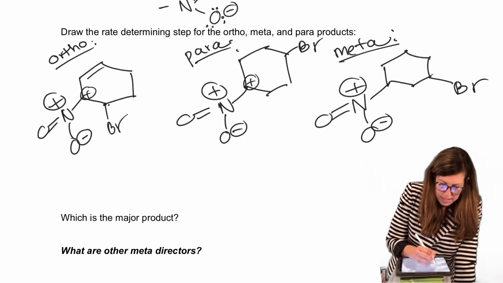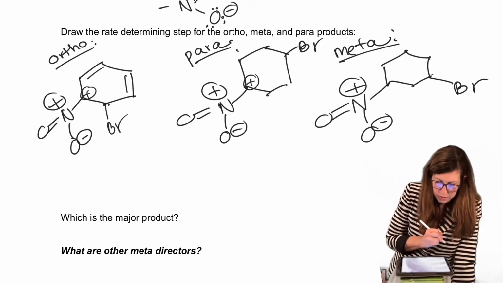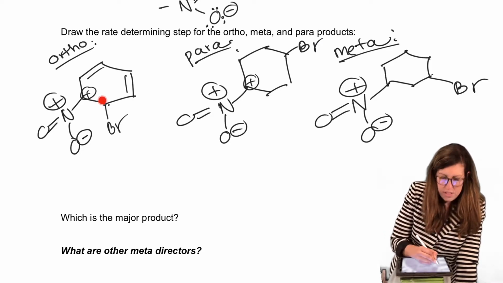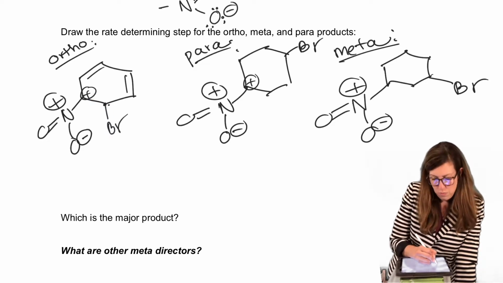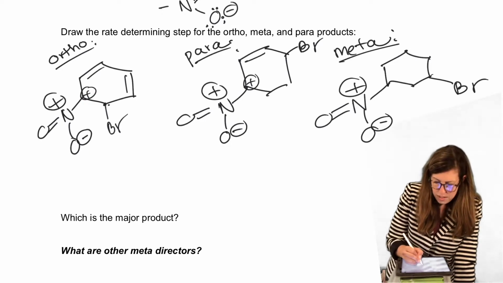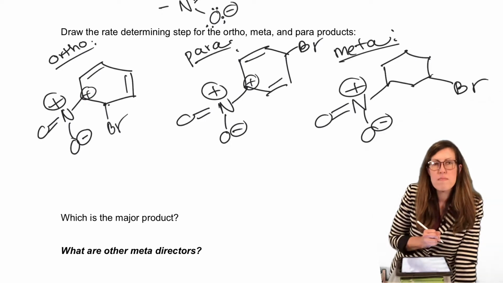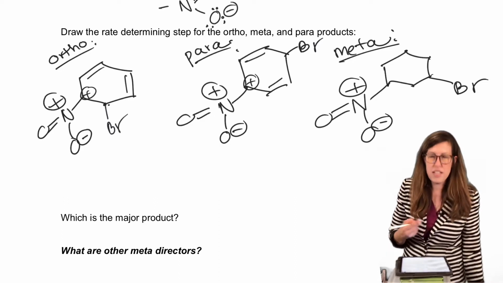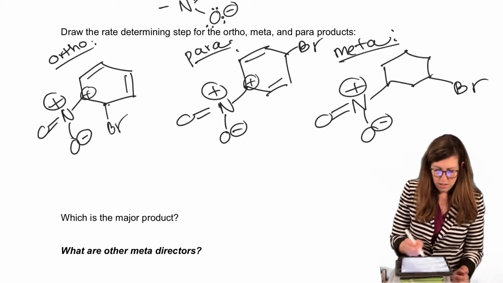So the pi bonds had to be there and there, because if it was ortho, we use this pi bond to attach the one set of electrons we used to attach the bromine, and then that means this lost it. If it was para, our pi bonds have to be there and there, because the bromine, once again, didn't get those electrons.